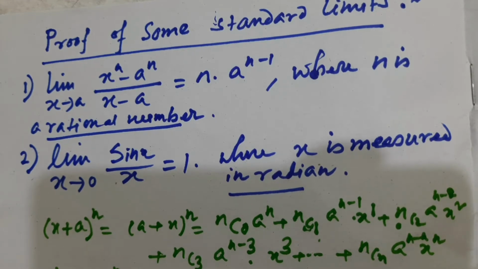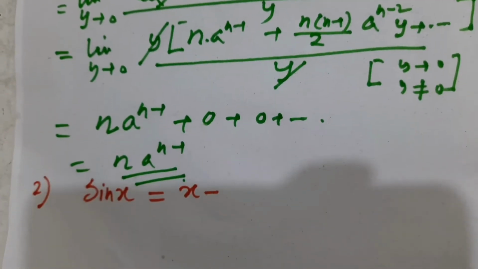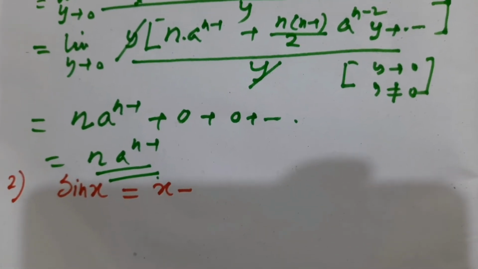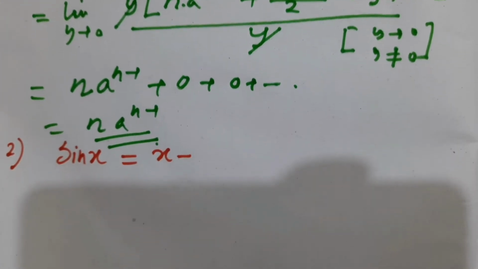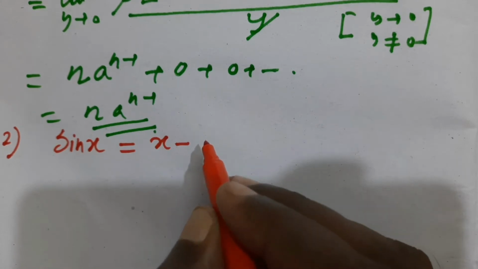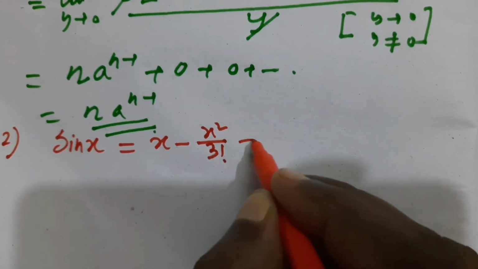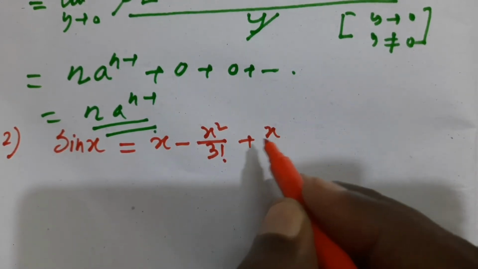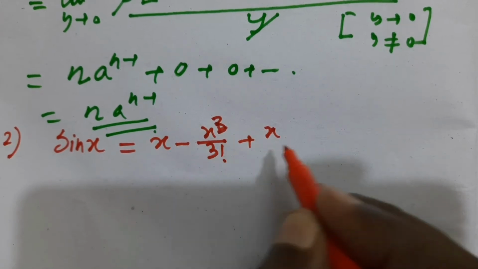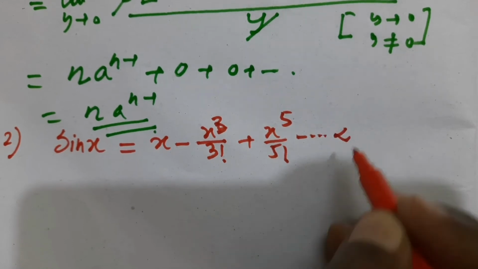So we can write sin x is equal to x minus x cube by factorial 3, plus x to the 5 by factorial 5, and this is the sine series.